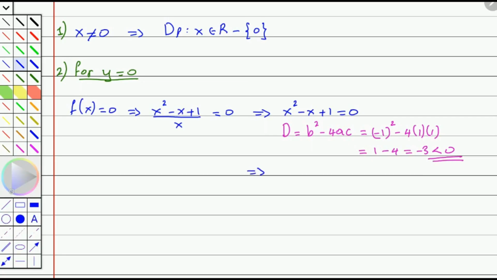So this polynomial has no real roots, and so we don't have any x nor y intersection points.